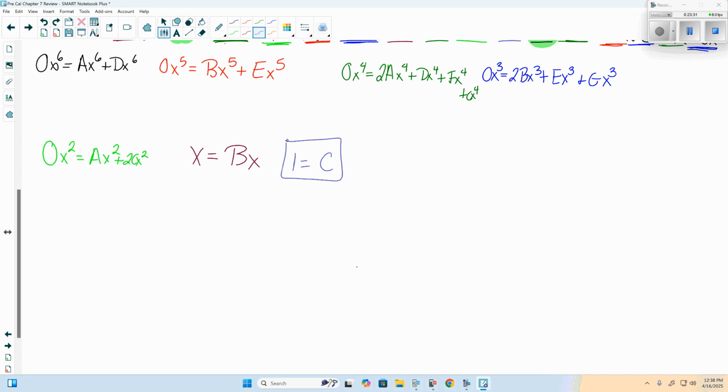We stopped at G, we didn't have H. So far we know C is 1. The 1 right next to it, X is equal to BX, yes? We do have X on either side.